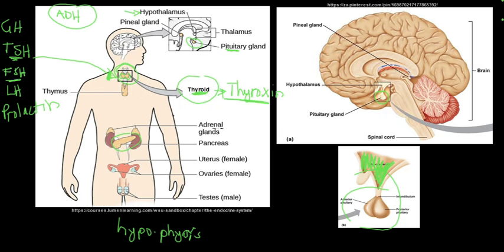Let's carry on to the next gland, which is the adrenal glands. So the adrenal glands are these triangular shaped structures that sit above the kidney. So you know your kidneys, that system specifically is known as the renal system as well, so adrenal. That is why it's called the adrenal glands.